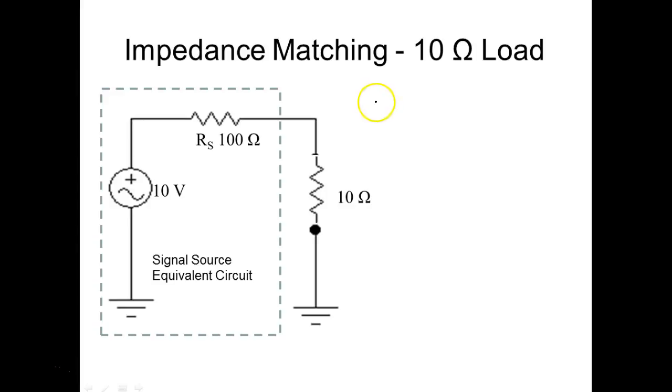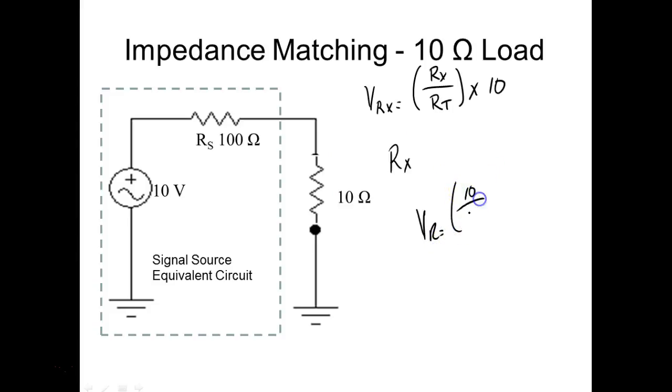The voltage divider formula says I can calculate the voltage drop in any series circuit by taking the size of that resistor, dividing it by the total resistance, and then multiplying that times the applied voltage. Our applied voltage is always going to be 10. So if I call that R1, VR would be equal to 10 divided by 110 times 10.